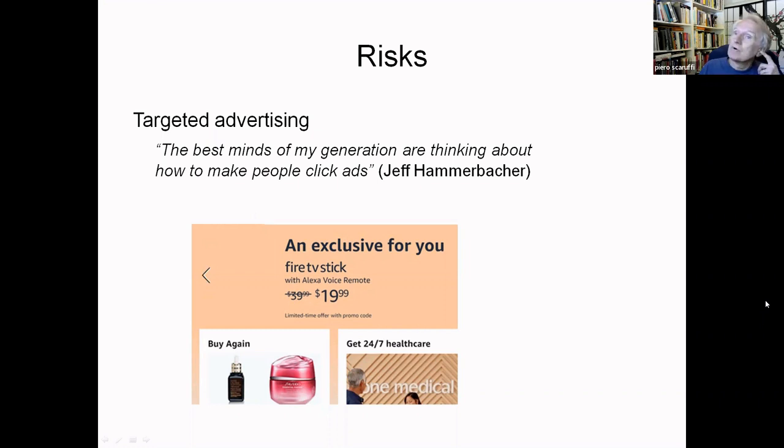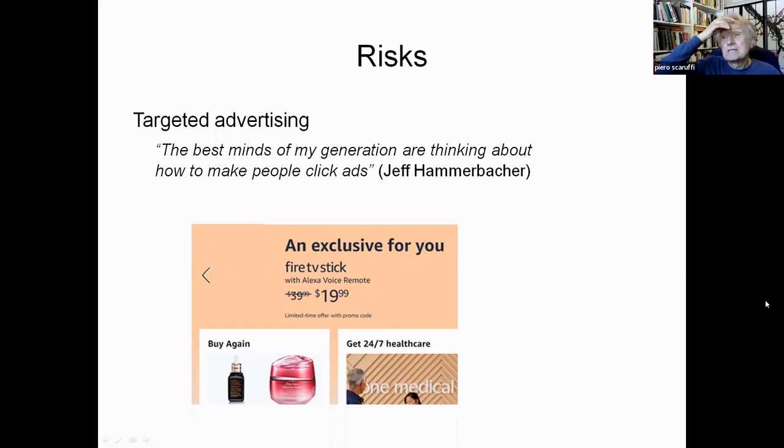Now, another risk that I want to name, because I'm particularly annoyed by it, I'm annoyed by the massive amount of publicity that we get these days. When I was a kid in Italy, publicity was about 10 minutes before the evening news. That was it. And now you cannot watch a 30 seconds video without getting at least 10 seconds of publicity. And a while back, a software engineer wrote that the best minds of my generation are thinking about how to make people click ads.